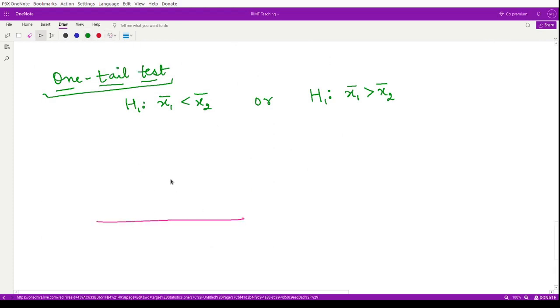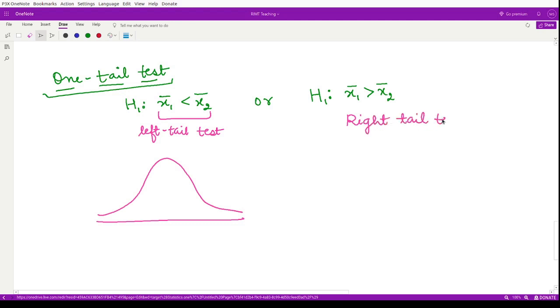So what would be your critical region? Suppose this is the distribution with us. This tail is known as the left tail test, and this is known as the right tail test. In the left tail test, the critical region lies only in the left tail.